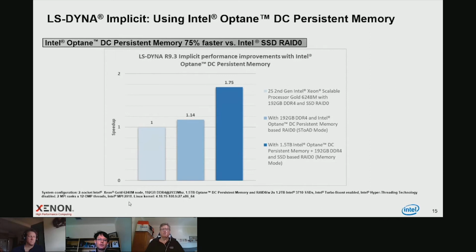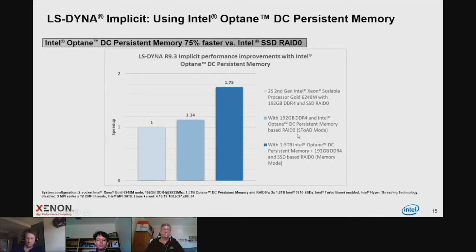And the simplified result here really is representing 2 different configurations. The leftmost one here, which presents the normalized result, was using a 2-socket system with those Intel 6248M CPUs with 192 gigabytes of DRAM, of DDR4 modules, and 2 SSDs in a RAID 0 configuration with 1.2 terabytes capacity each.